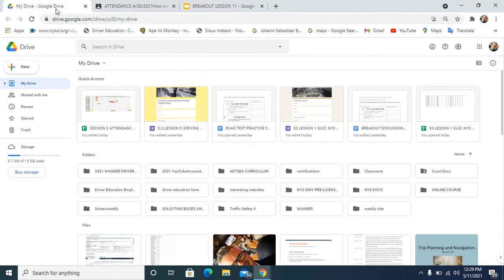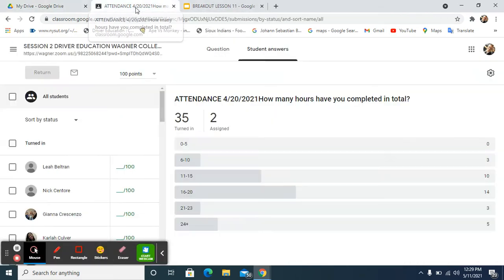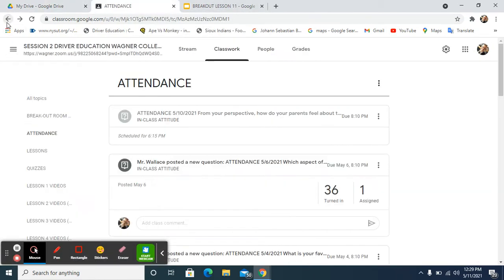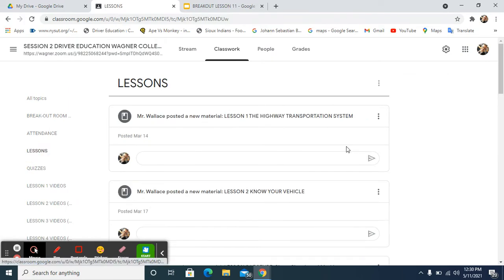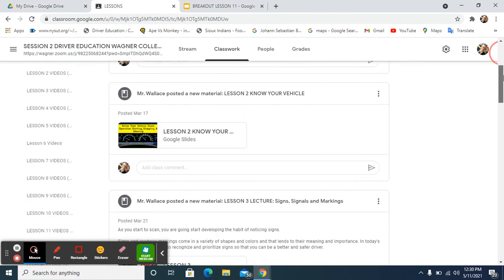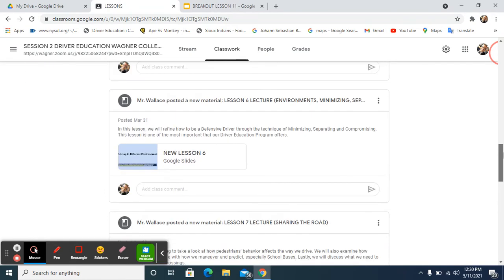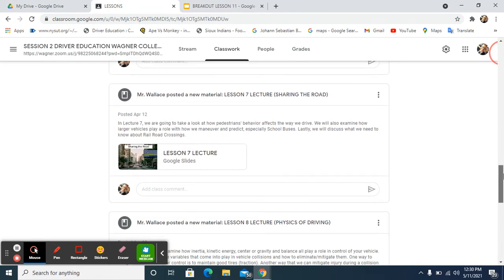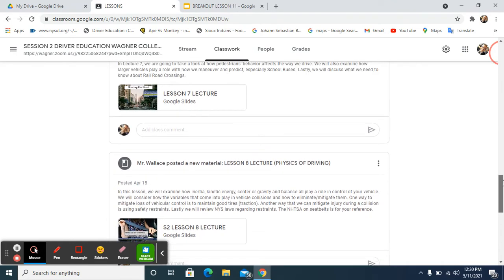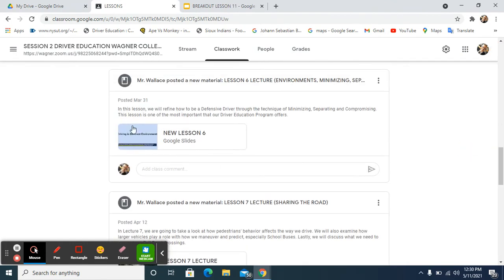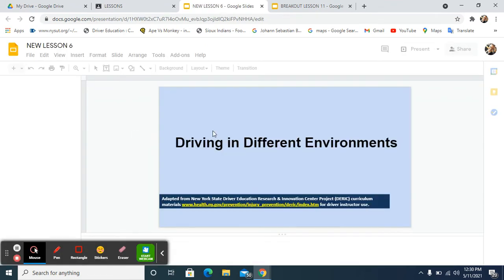Okay. And then if we look, for example, at the lessons themselves, let's go to our minimizing, for example. And I really like this one right here. Okay.